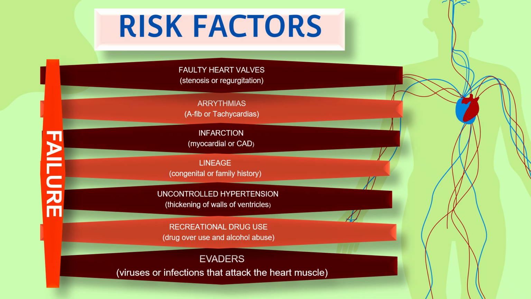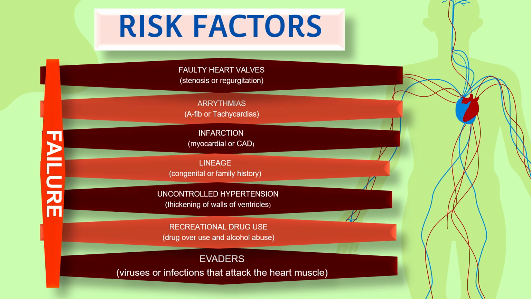Uncontrolled hypertension: because of thickening of the walls of the ventricles due to hypertension. Recreational drug use: if you're a drug user or an alcohol abuser, or you have some sort of addiction, you may have a risk factor for congestive heart failure.